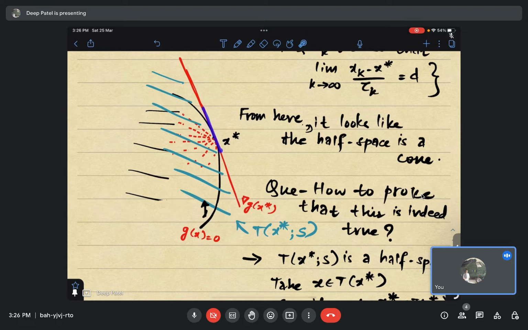So the tangent plane is this. Yeah. So if I go here, will that help in characterizing? Collinear with the gradient, right? Gradient g of x star. Why should we call it the gradient? The gradient is normal to the constraint, right?